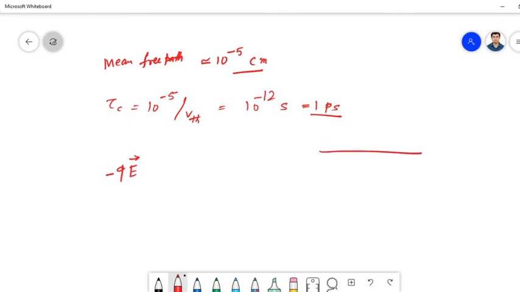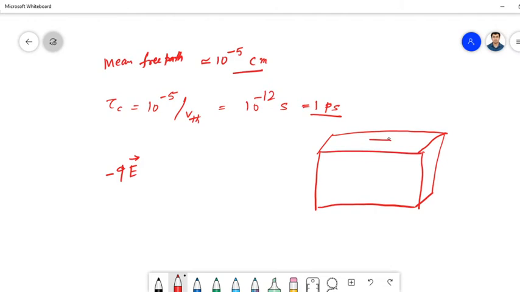So what happens in a semiconductor when we apply an electric field? Let me draw one semiconductor material here. So this is a semiconductor material.